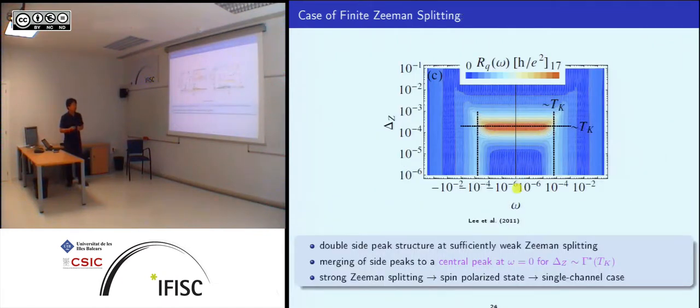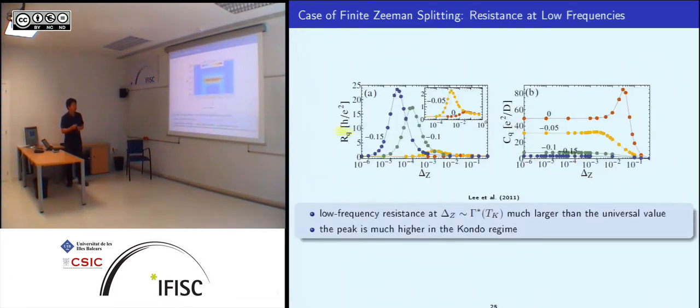So then we return to the universal value 1/2. These two graphs show the resistance along zero frequency. Following this line, we have a single peak like this. As a function of Zeeman splitting, we have a peak here, and the peak position is identified as the Kondo temperature.